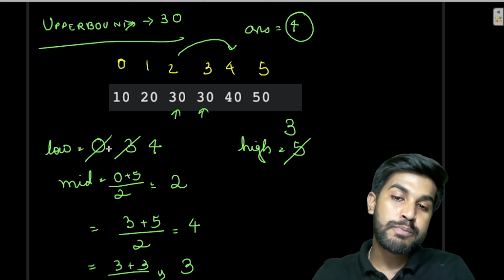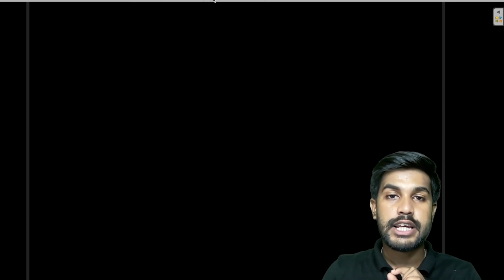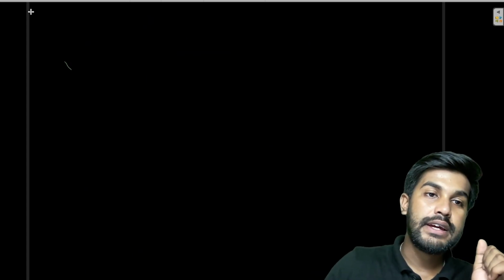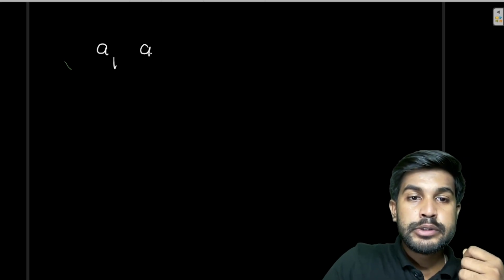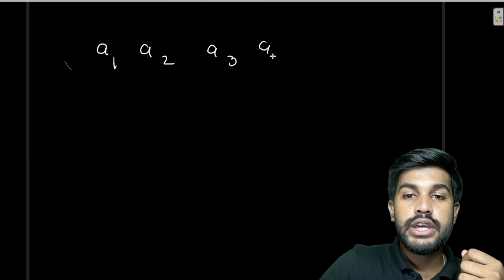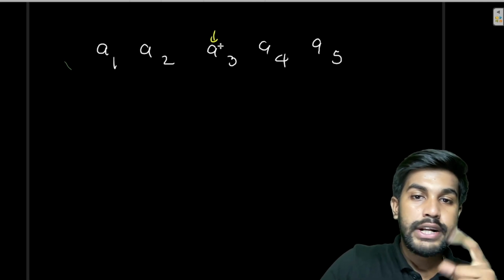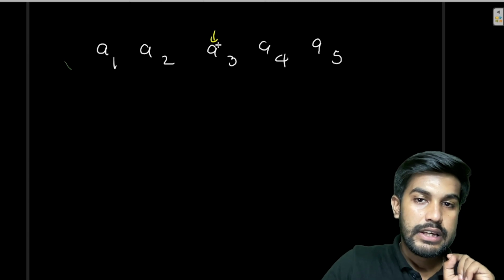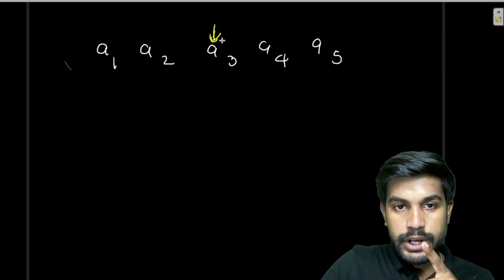Now let me tell you how this is happening, and talk about the intuition too. Suppose this is A1, A2, A3, A4, and A5. This point is the first point, or the answer. Suppose we are standing at this position. Either this is the answer or the answer would lie here.